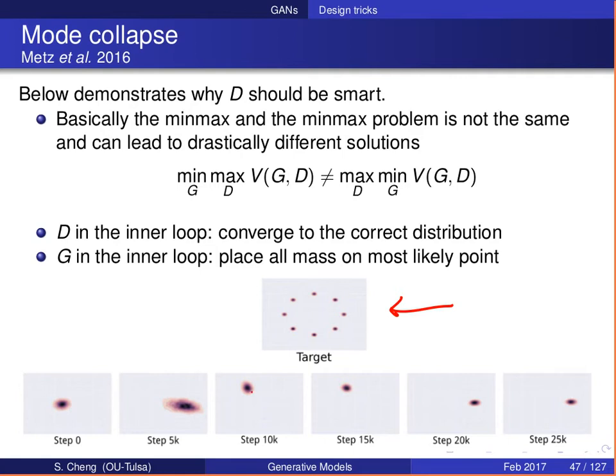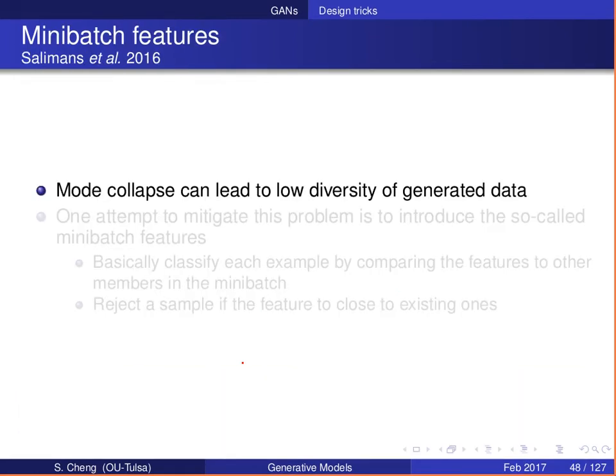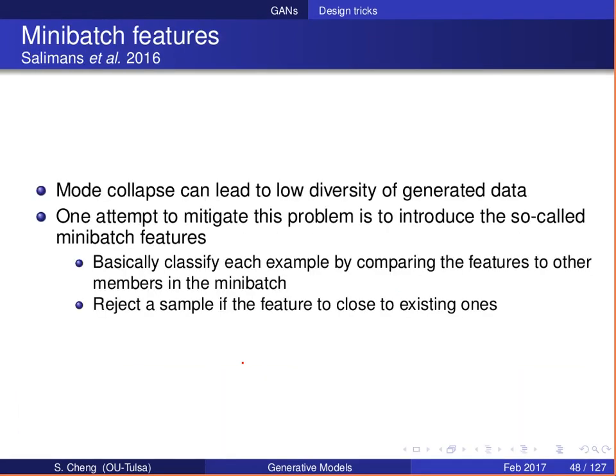For example, you already have a model trained in the sense that the generator created samples close to here, and therefore has some particular features there. Now you keep training the model and look into what kind of data is generated, and see whether the newly generated data is similar to the previous one. If so, then we will just disregard this new update. So we reject the sample when the features are too close to the existing ones.